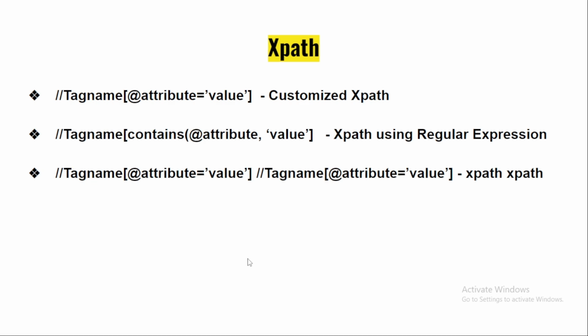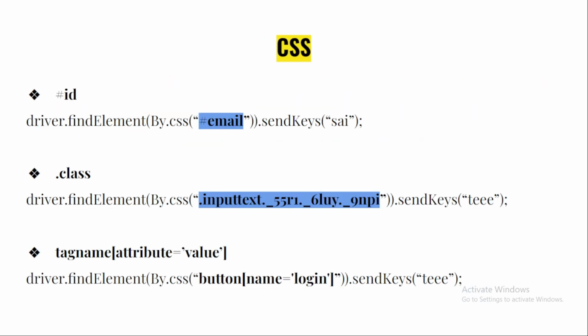So the only thing is you need to practice, and if you learn these syntaxes, there is an advantage. We don't need to depend on the tools which can generate XPath and CSS for us, because at some point of time they will not work. It's always better to depend on our own CSS locators and XPath locators which we write by using these syntaxes.